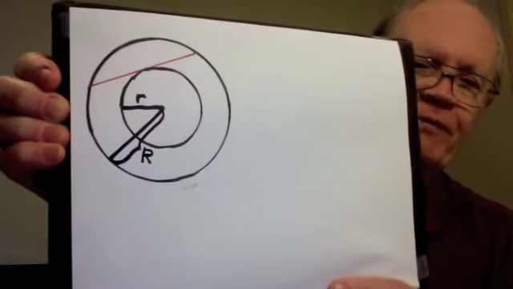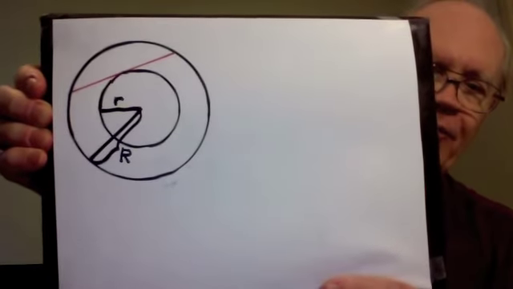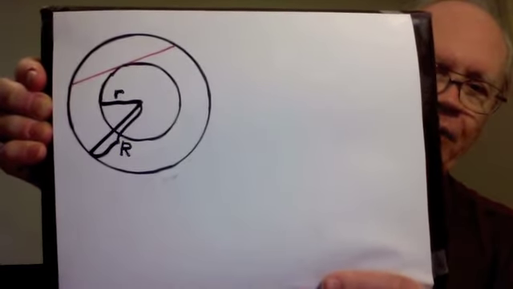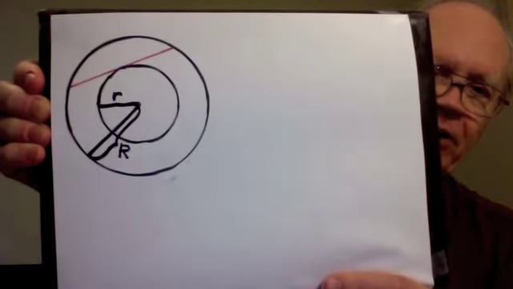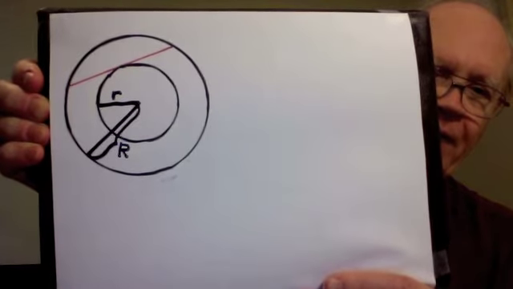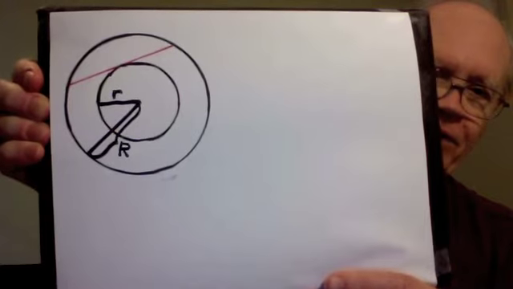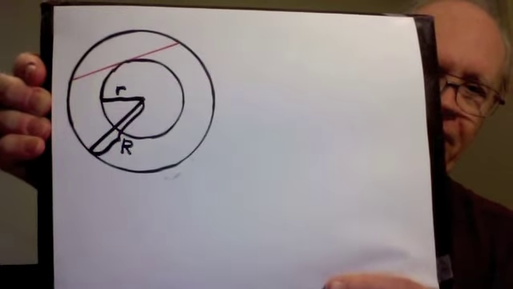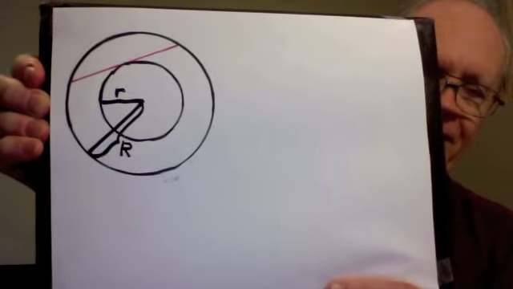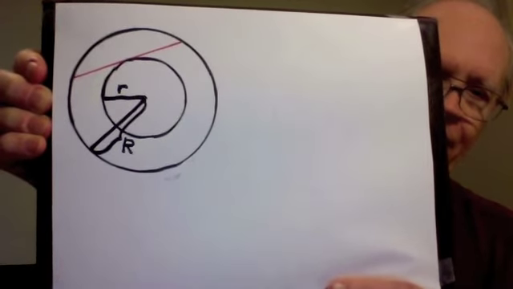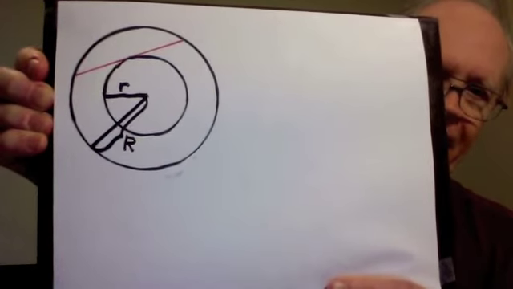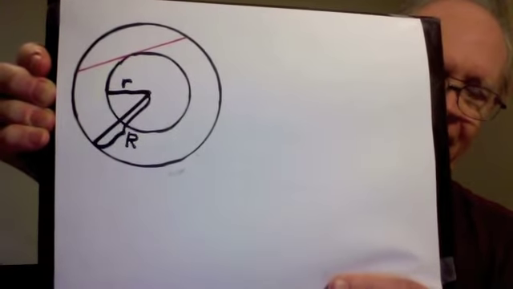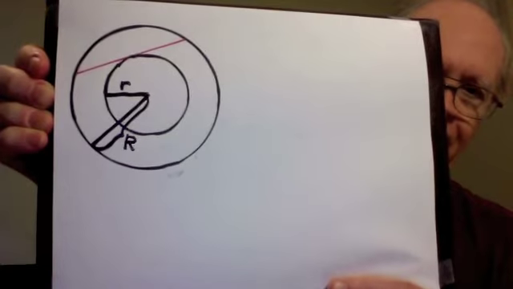Well, I'm going to figure out the area of the ring, calling the radius of the smaller circle lowercase r and the radius of the larger circle capital R. The formula for the area of a circle is pi times the radius squared, and the area of that ring is the area of the larger circle minus the area of the smaller circle.